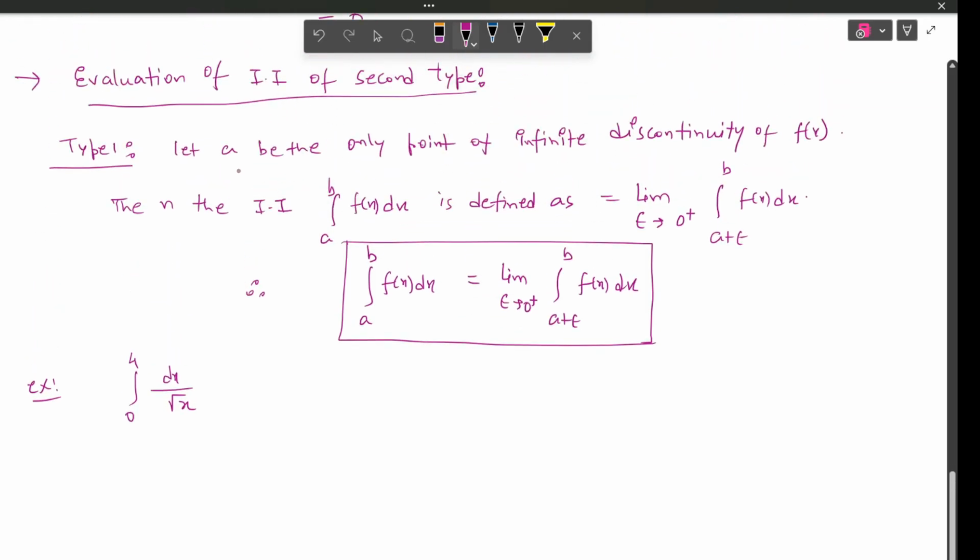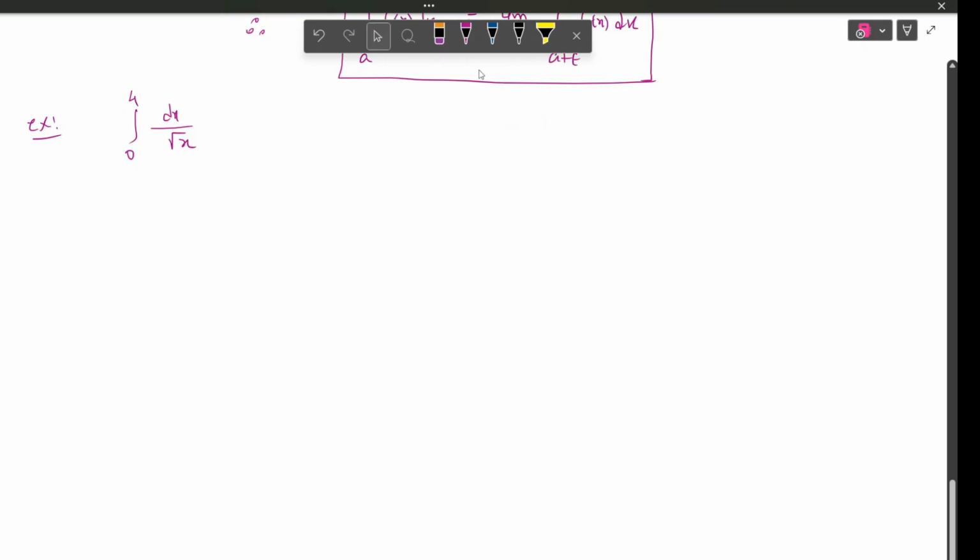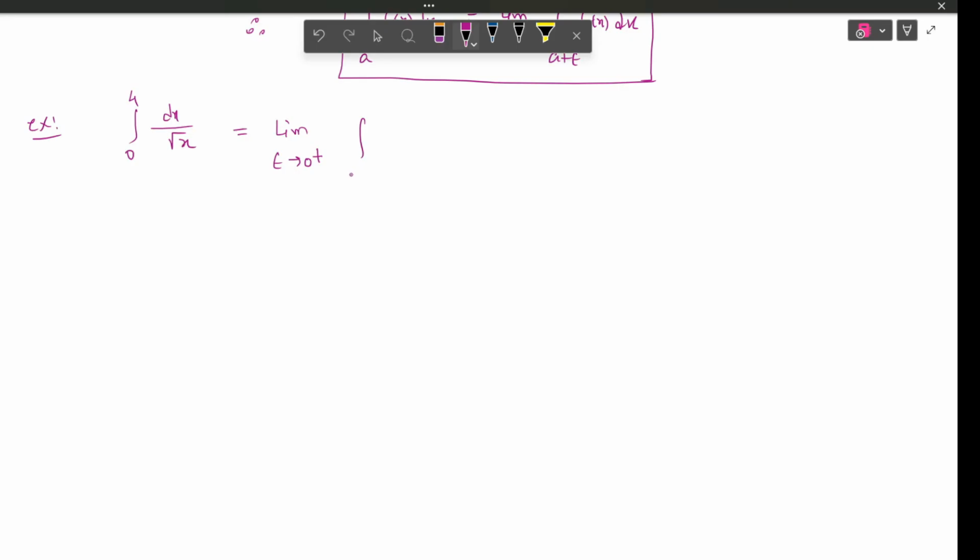If a is the only point of infinite discontinuity, you should have only one such point. So we can write this integration as limit epsilon tends to 0 plus, taking a small positive quantity, a plus epsilon, that is 0 plus epsilon to 4 dx by root x.